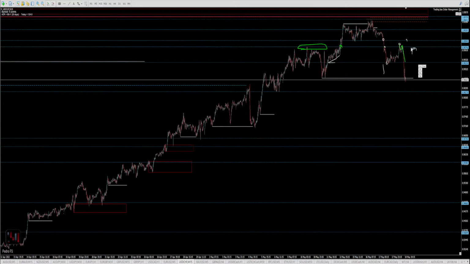Let's now take a look at the other pair that you have. I think it was CAD. Let me just take a look. USD CAD. Yeah, I think it was USD CAD. This was it then.